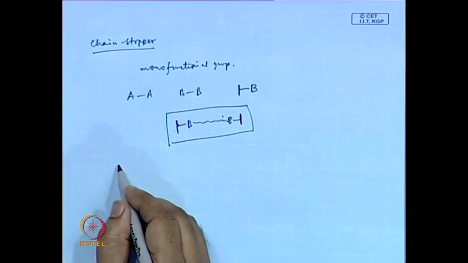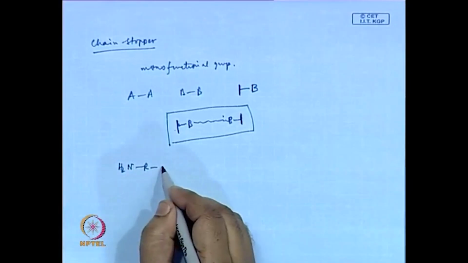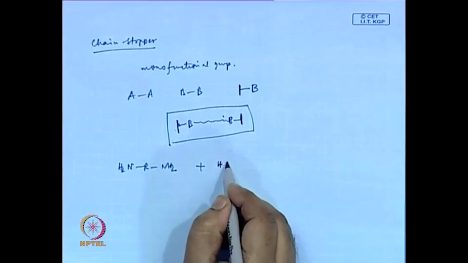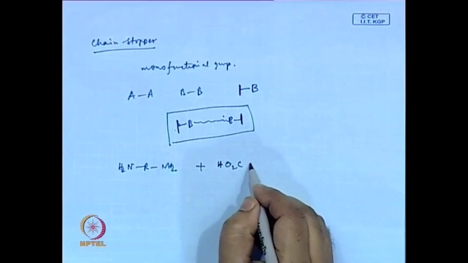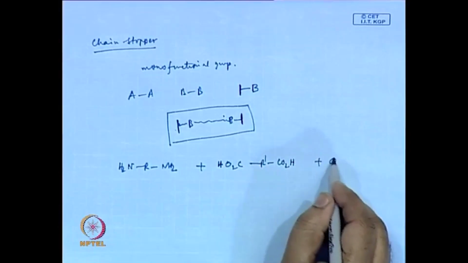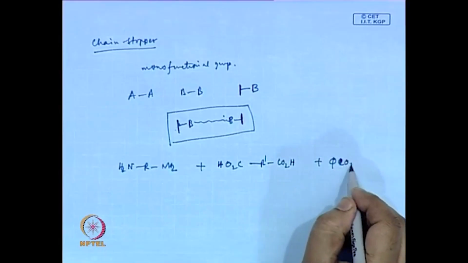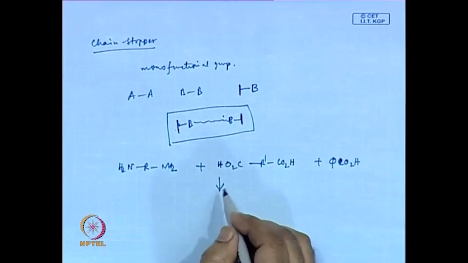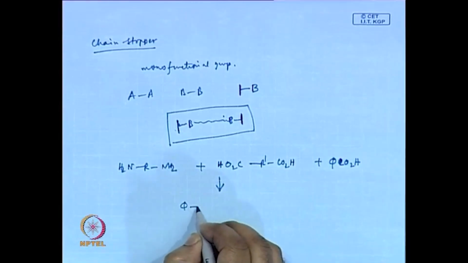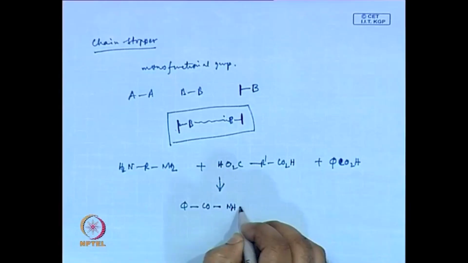Again go back to the same polyamide formation. If I add a benzoic acid, you are going to get a molecule something like this.